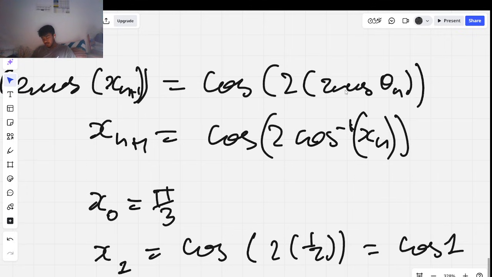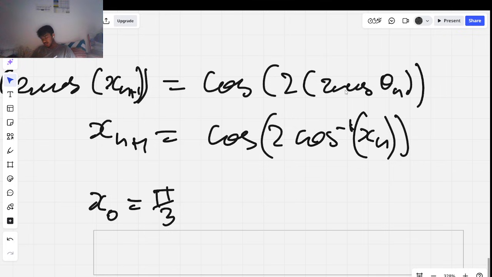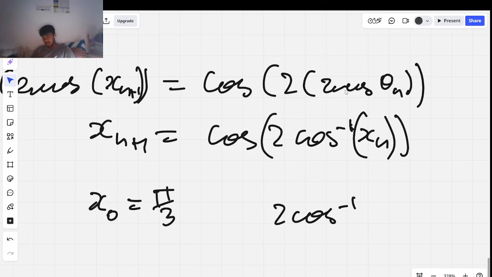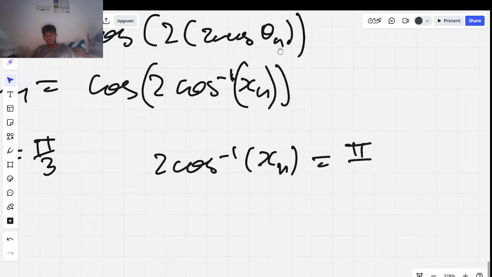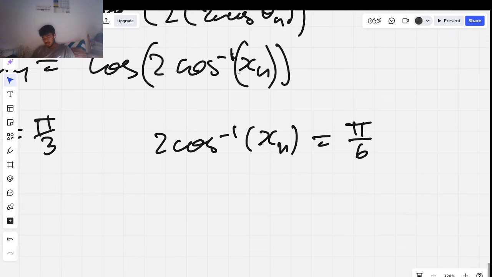Okay, what if I want this to be equal to a specific angle, like pi by 6? Actually 3 is better.